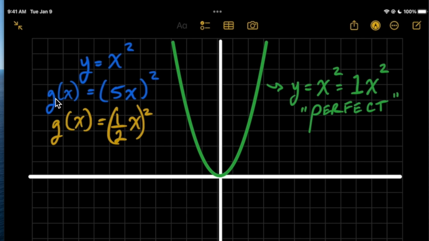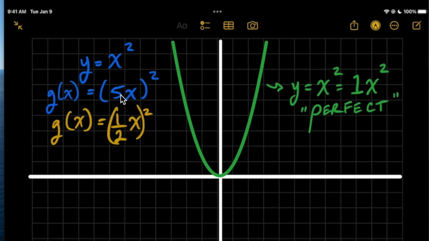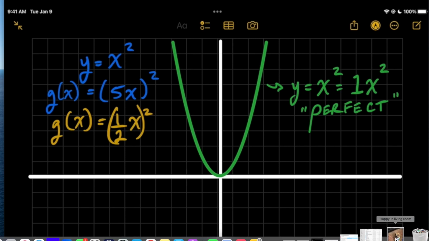Now, let's talk about these transformations. Both of these transformations are going to involve the x coordinate. So that means both of these transformations are going to involve the width of these wings of the parabola. Now, in order to review the difference between having a 5, which is greater than 1, or 1/2, which is less than 1, I'd like to pull up the picture of this cute dog.